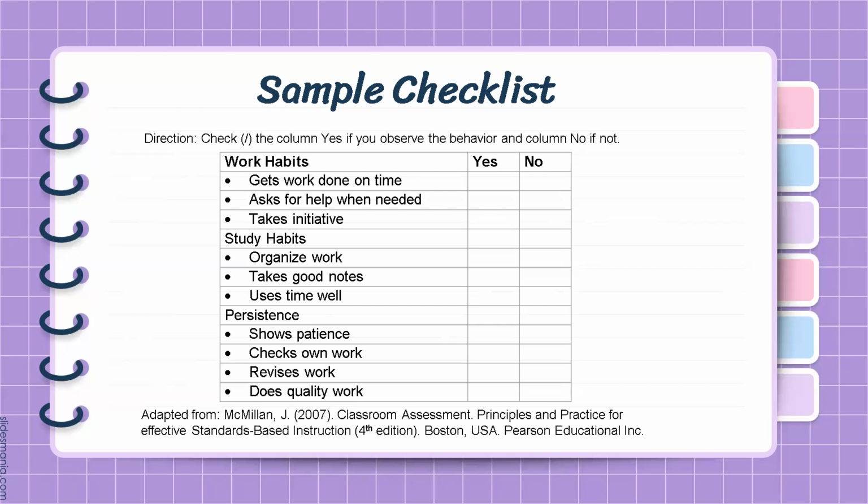For the study habits, we have the items: organizes work, takes good notes, and uses time well. And for persistence, we have shows patience, checks own work, revises work, and does quality work. So we can see the consistency here of the items. The descriptors or the items are written in phrases. Okay. Now we go to the next slide.